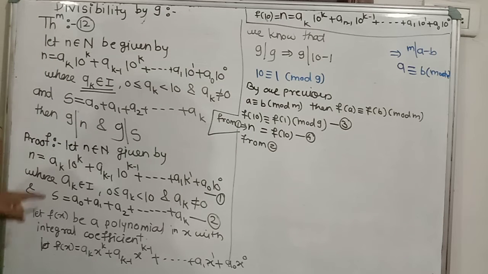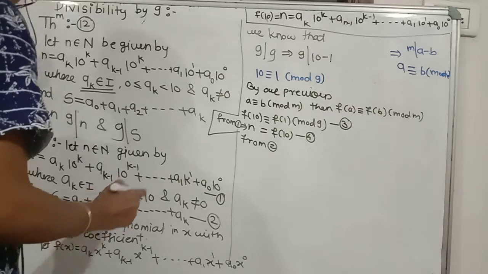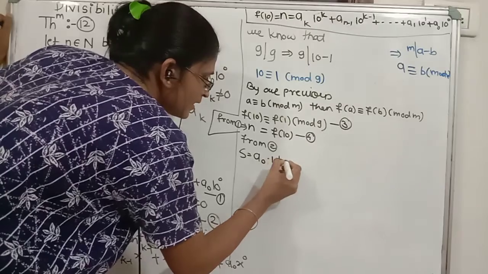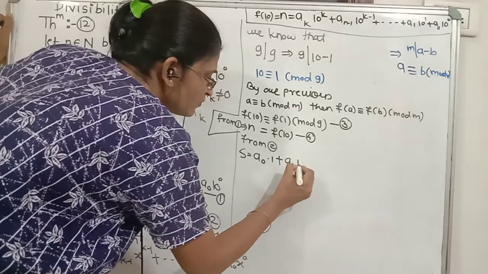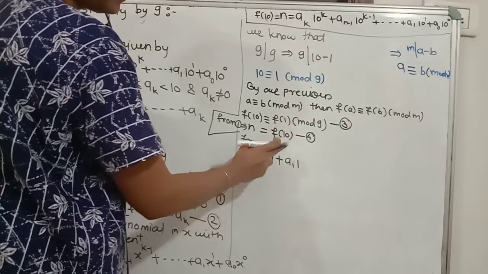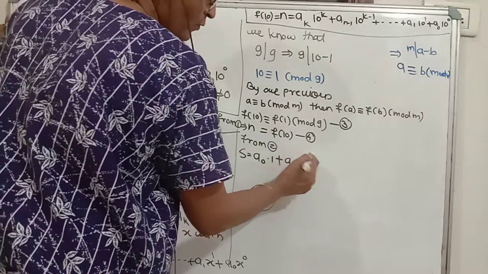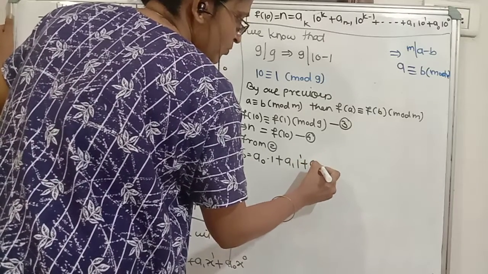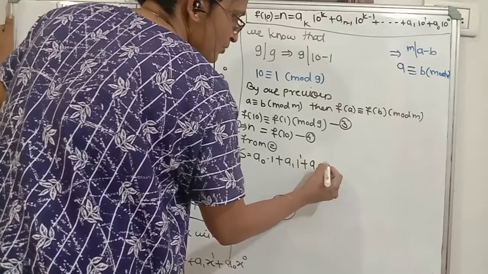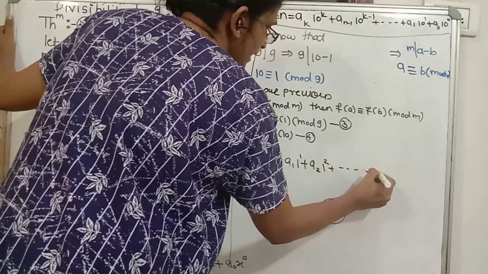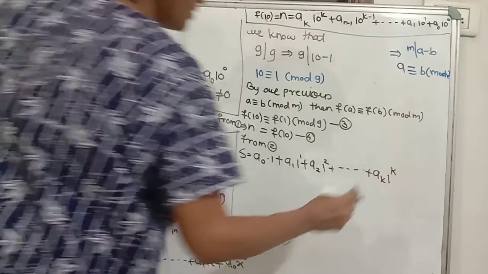And from equation 2, we write s is equal to a_0 into 1 plus a_1 into 1, because all of you know that a_0 into 1 raised to the power 0 is 1, a_1 into 1 raised to the power 1 means 1, plus a_2 into 1 raised to the power 2 means again 1, and so on, a_k into 1 raised to the power k is also 1.